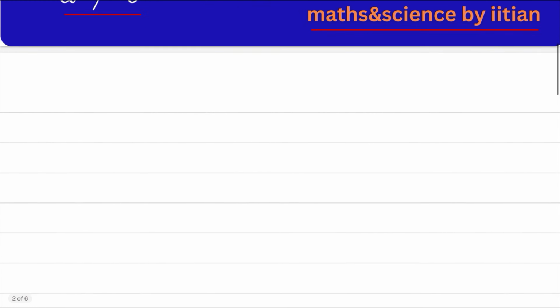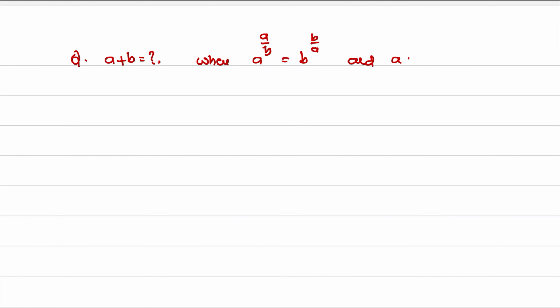Let us try to solve this problem. The question is: find a plus b when a to the power of a by b is equal to b to the power of b by a, and a is not equal to b. Solve it without using calculus.